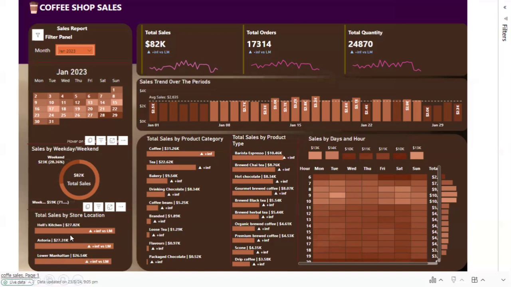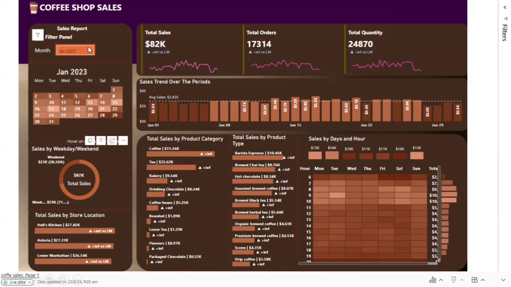By seeing this, there is not much difference between the locations in January. So we can come to the conclusion that the location of the shop is not affecting sales, because each of the three locations is performing the same. There is only a little change, like 1 or 2%.